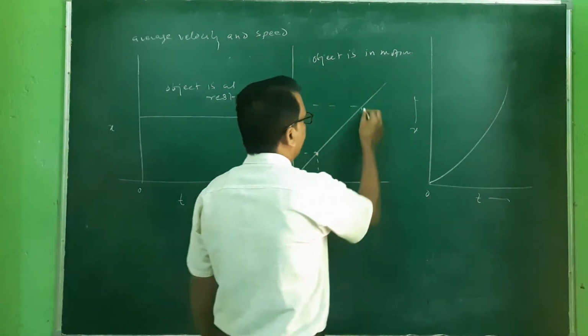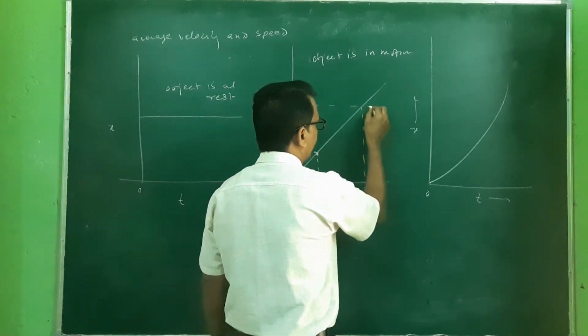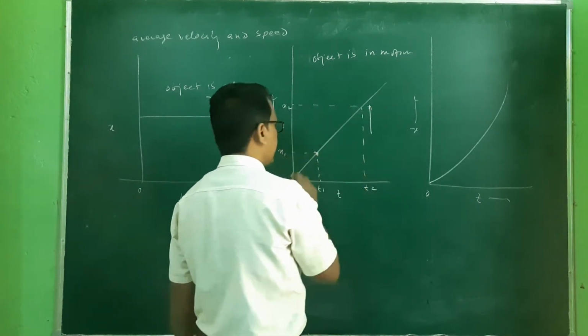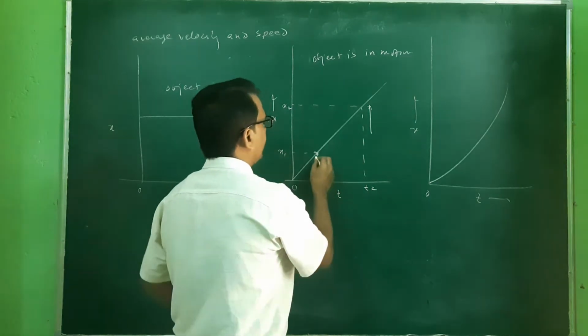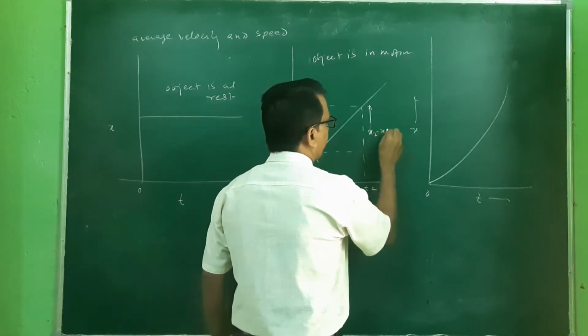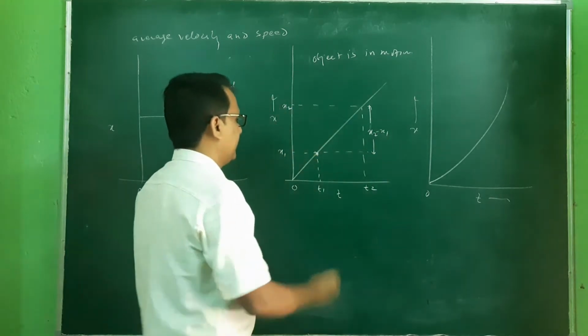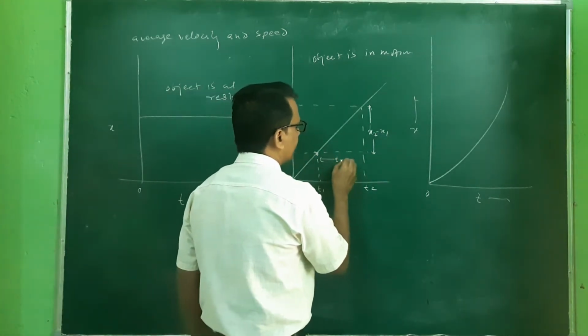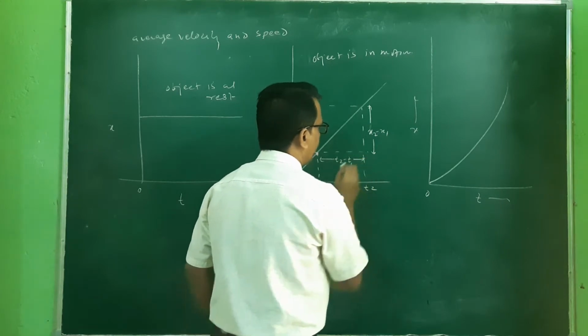This difference is x2 minus x1, and this difference is t2 minus t1.